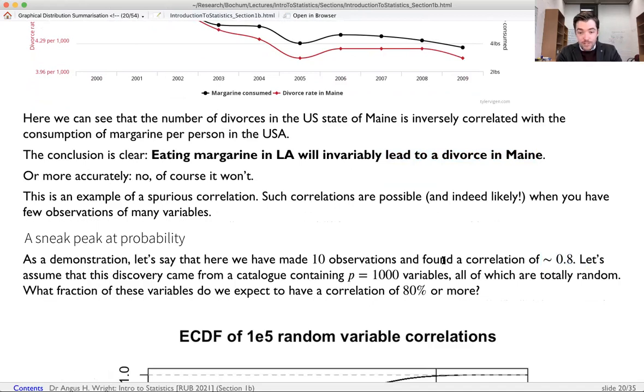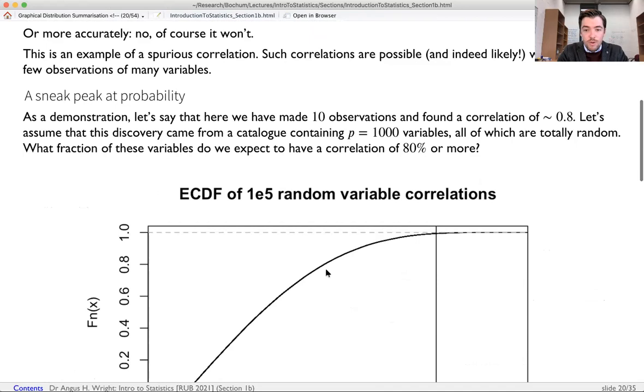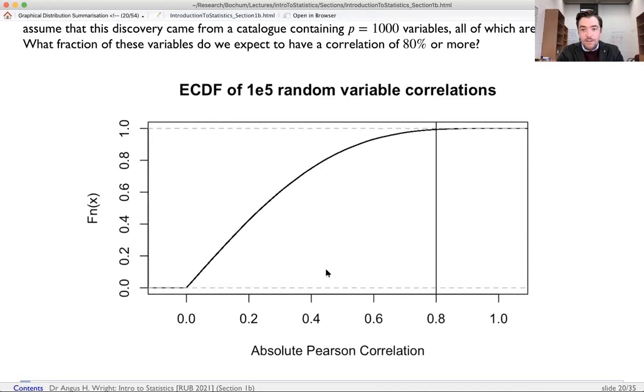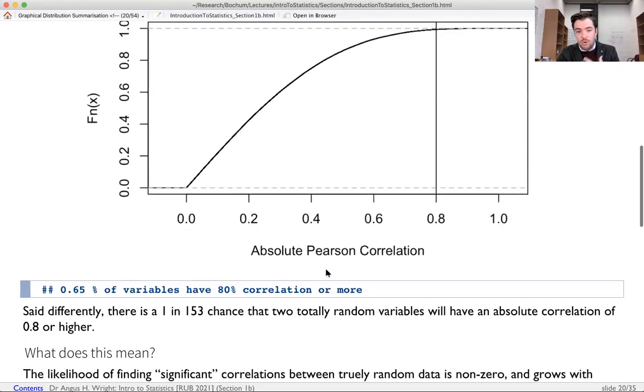And we can do that quite simply with a really basic probability simulation that I've not shown here. But it turns out that with perfectly random data, I can pull out an 80% or higher correlation 6.5% of the time.